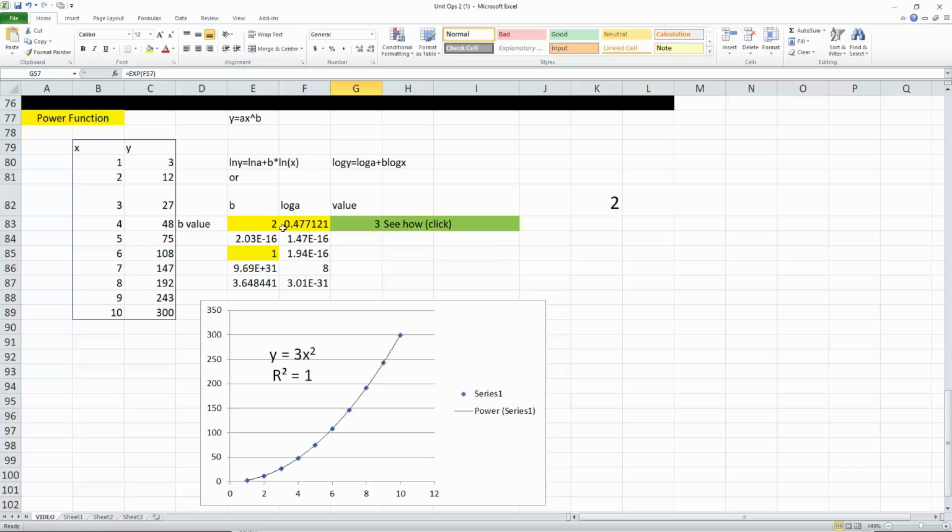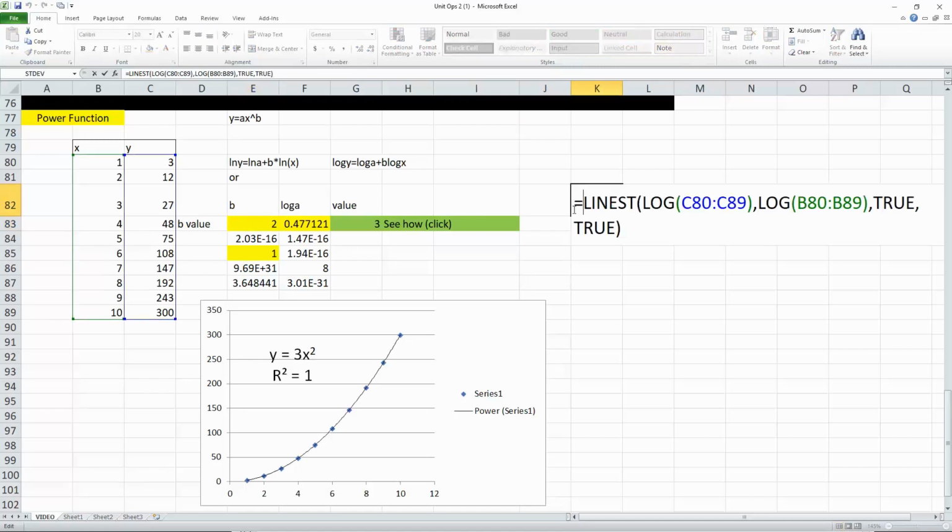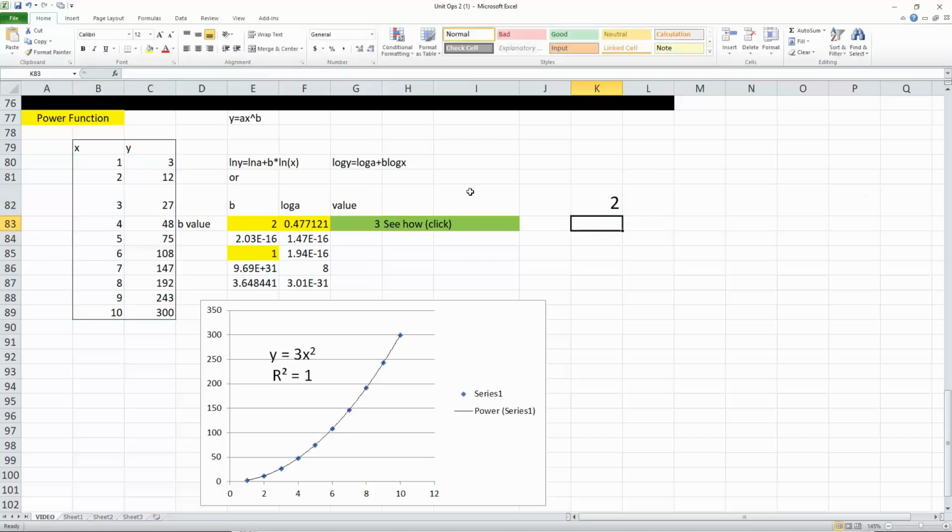I actually did log. This term right here would be equal to LINEST, log of our y term, comma, log of the x term, comma true, comma true. This would give us the b value. The b term right here would be 2.